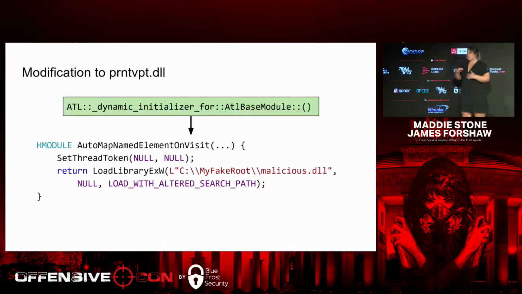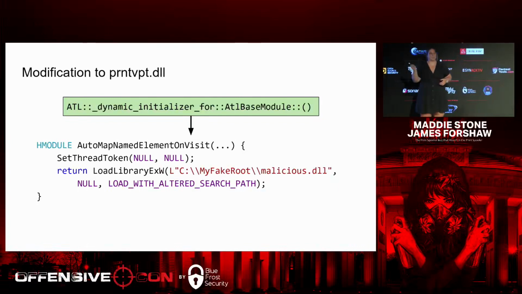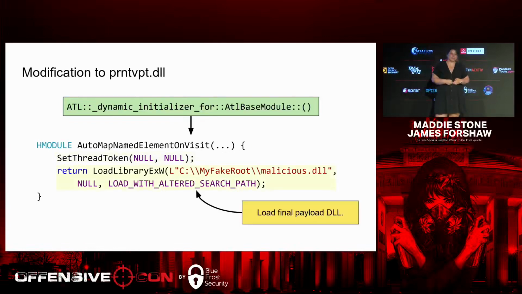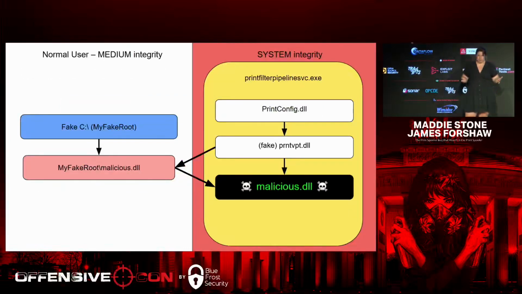And so the exploit had taken the legitimate print.vpt.dll and just modified it so that immediately upon load, it would begin running this function, which they had changed, so that first, they turn off impersonation, and then second, they're going to load their malicious DLL. And so now, within a process with system integrity, they are running their malicious DLL and have an elevation of privilege.